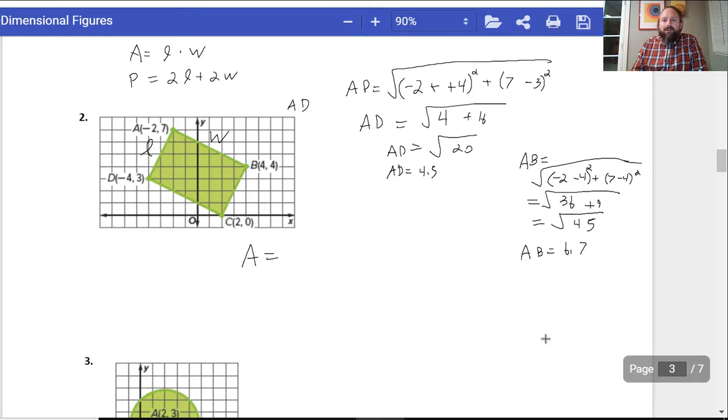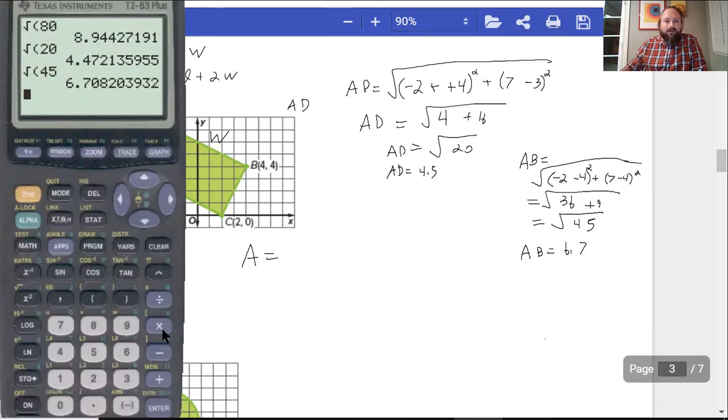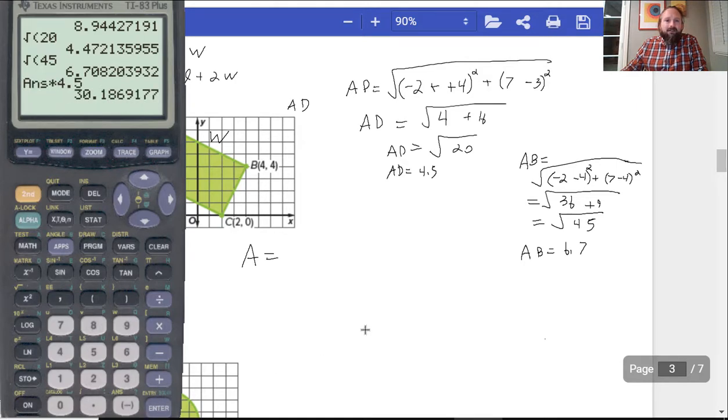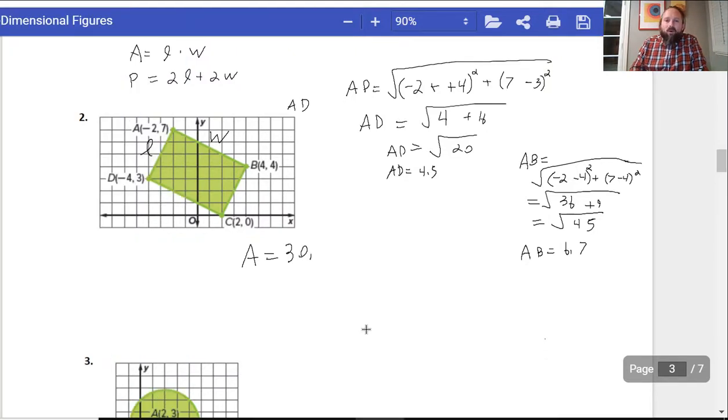Well, now I just need to do 4.5 for the area. I do 4.5 times 6.7. I get 30.2. All right, cool. So 30.2 centimeters squared. Now the other one, I times it by 2, and then times this by 2.